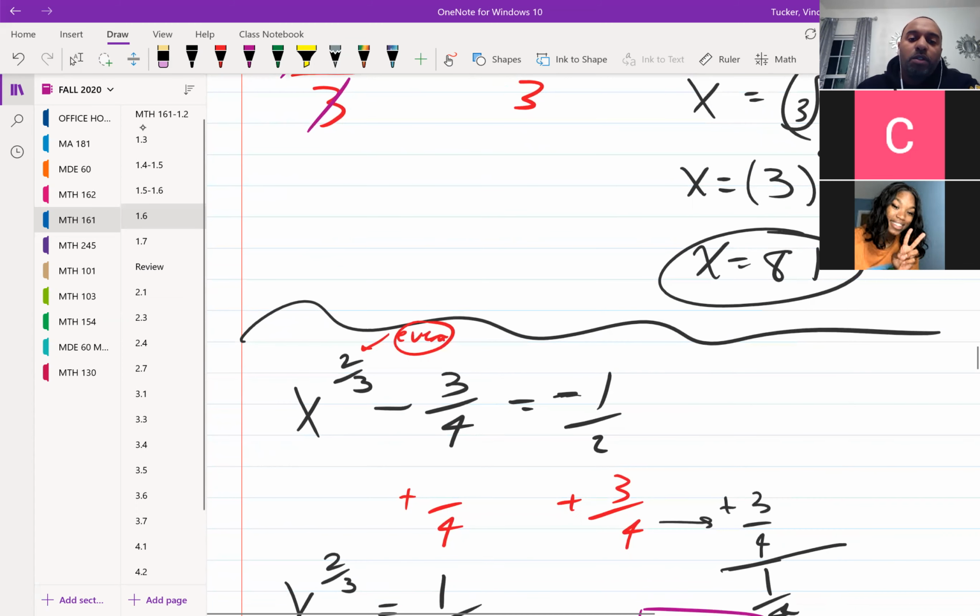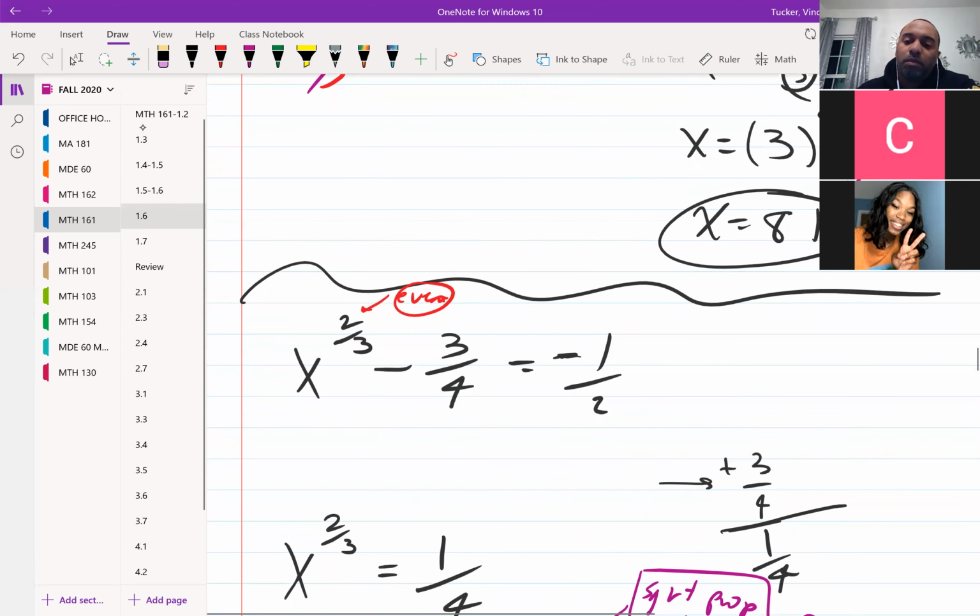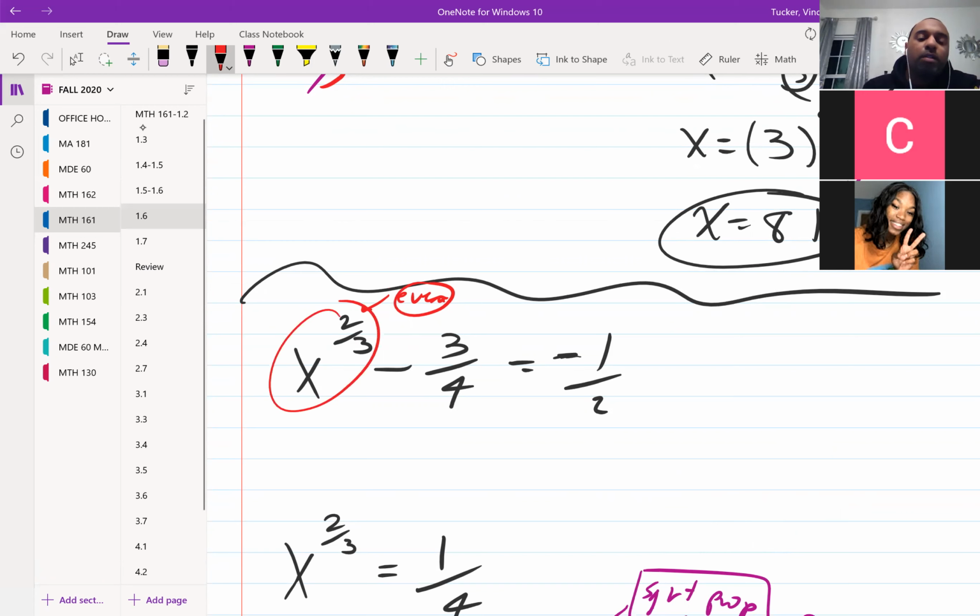All right, so the next one, we have x to the 2/3 minus 3/4 equal to negative 1/2. All right, so once again, we want to isolate x to the 2/3 power. So we'll add 3/4 to both sides.